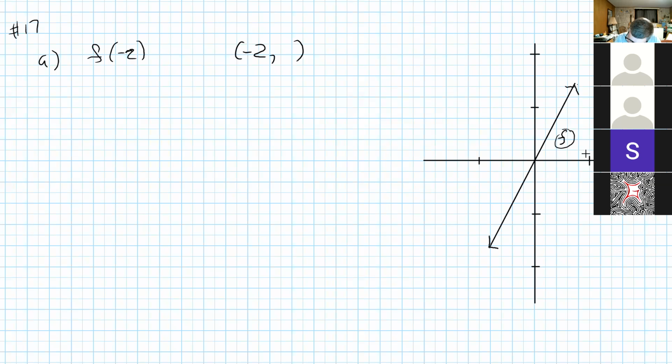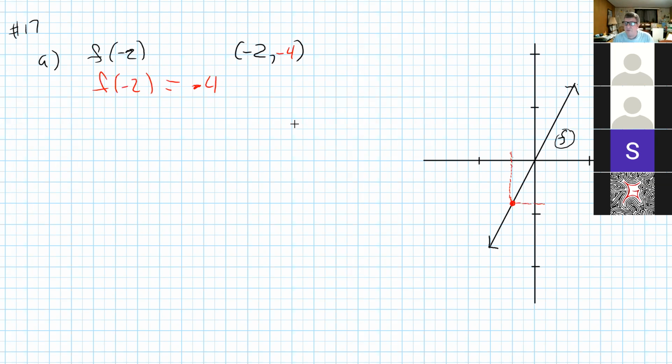Well, if we look at the graph where x is -2, come down here, what is the corresponding y value there? -4. Right. So f of -2 equals -4.